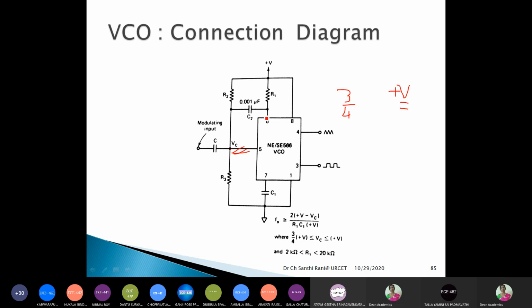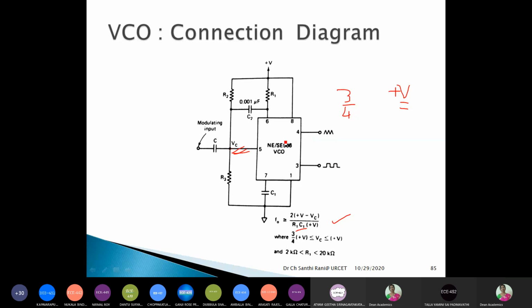Then one small capacitor here. Then R1 is connected at the sixth pin, and C1 is connected at the seventh pin. This R1 and C1 determine the output frequency.